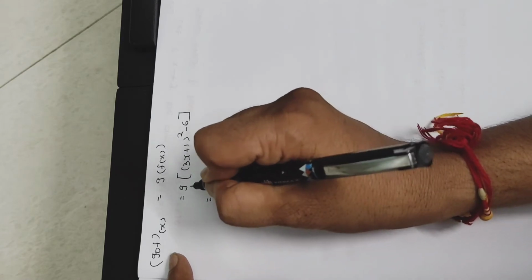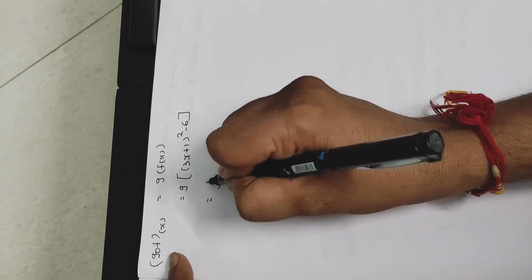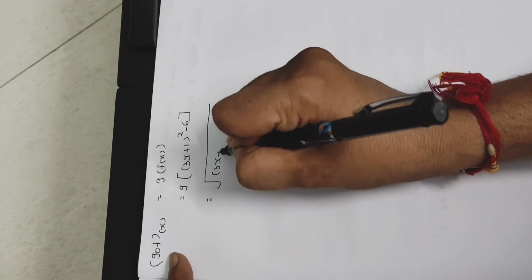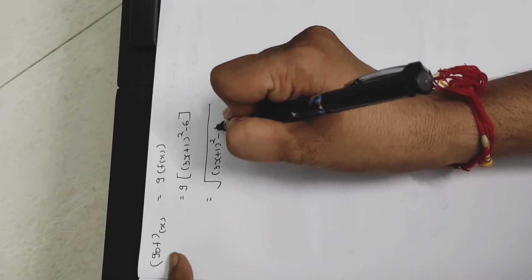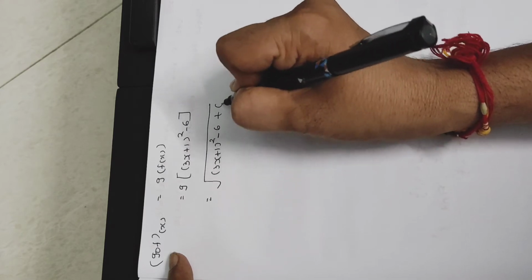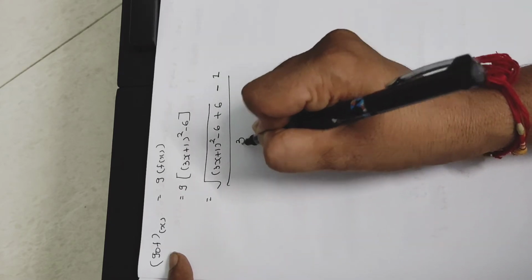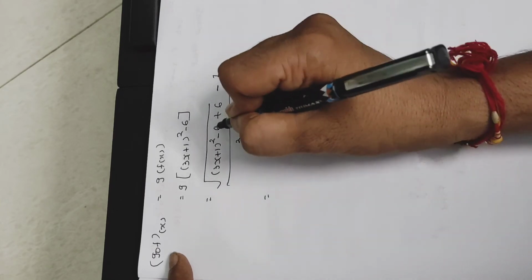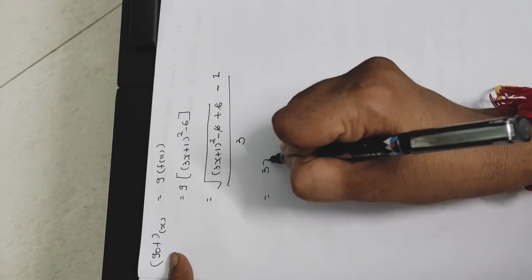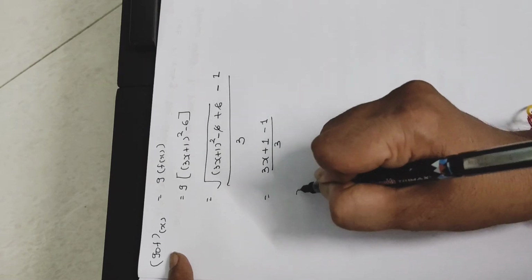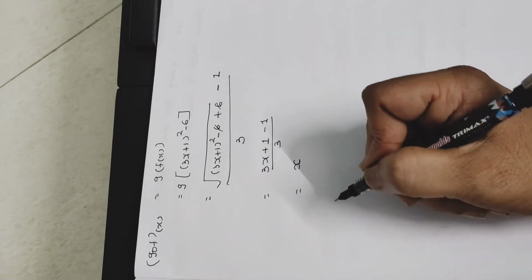These I have to put in g function, that is 3x plus 1 whole square minus 6 plus 6 minus 1 by 3. So this is 3x plus 1 minus 1 by 3. So this is x.